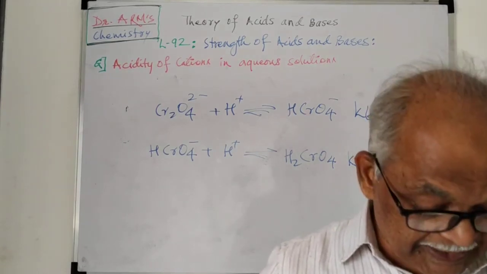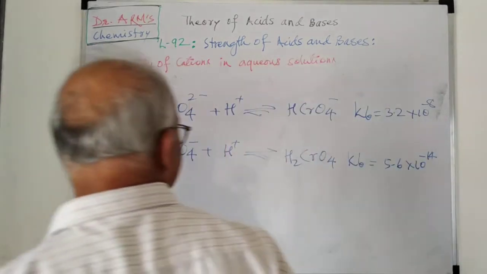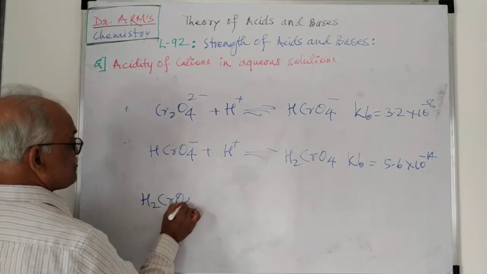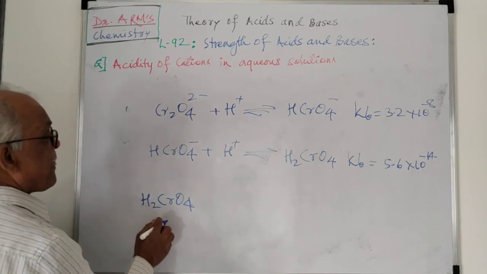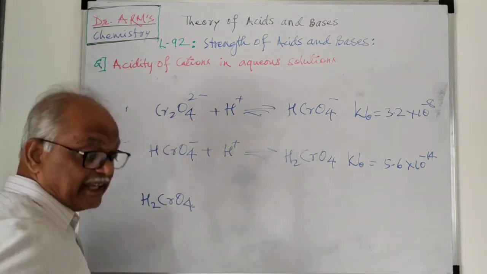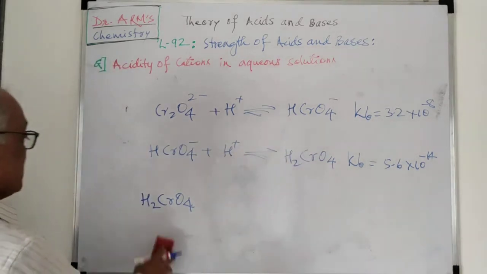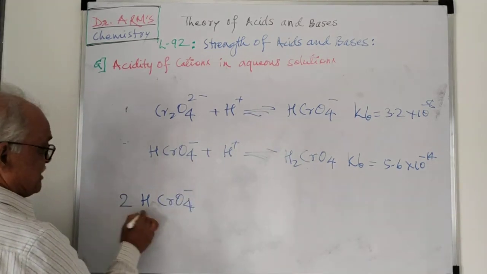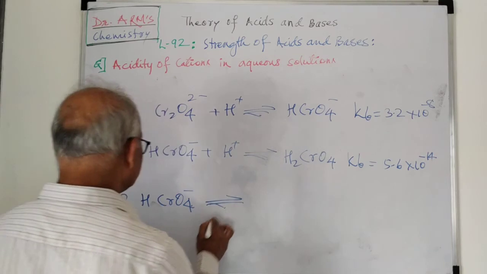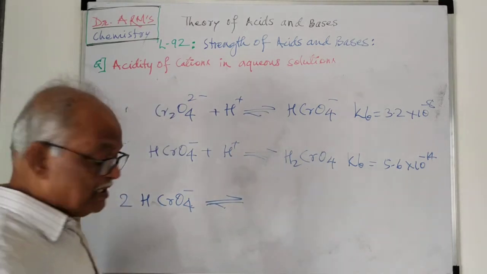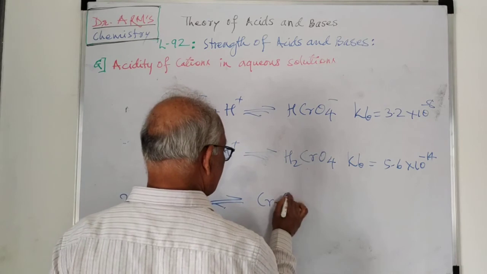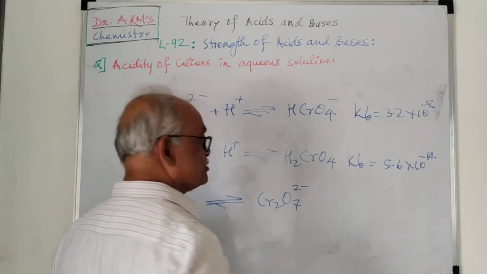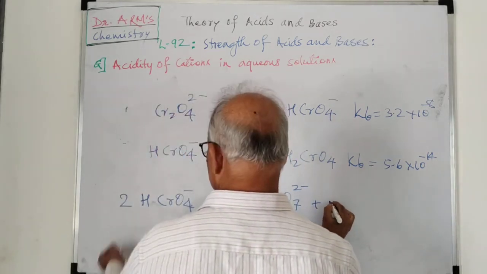When we use concentrated acid solution, the dichromate ion forms. We will take H2CrO4, HCrO4 minus, so this will lose one water molecule and it gives Cr2O7 2 minus plus H2O.